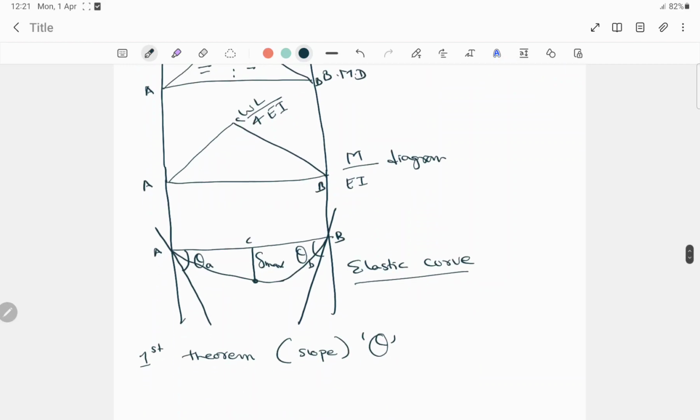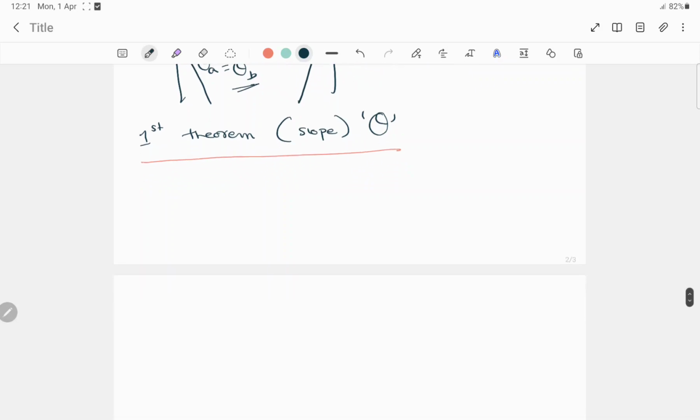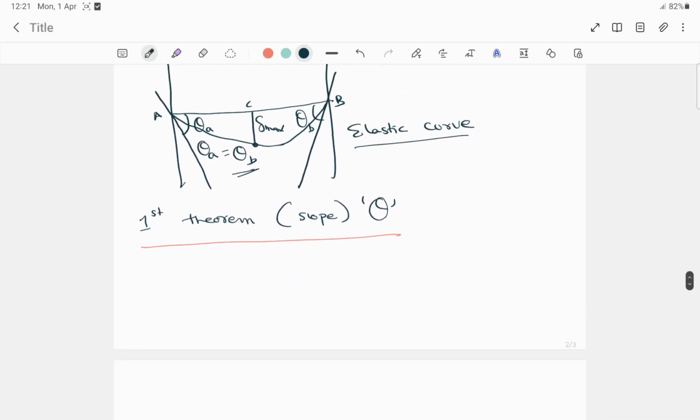So theta A will be equal to theta B. By applying this theorem, we find the slope at the two sides, that is theta A and theta B.